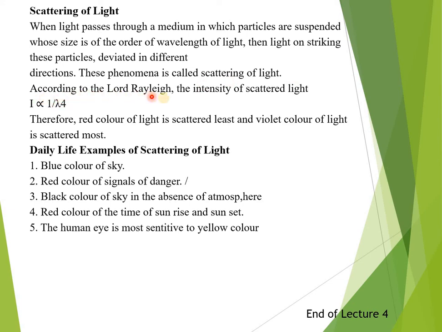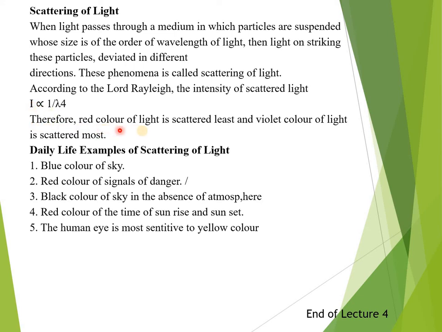According to Rayleigh's law of scattering, the intensity of scattered light is inversely proportional to the 4th power of wavelength. That means the color which has maximum wavelength undergoes minimum scattering. The color which has minimum wavelength undergoes maximum scattering.